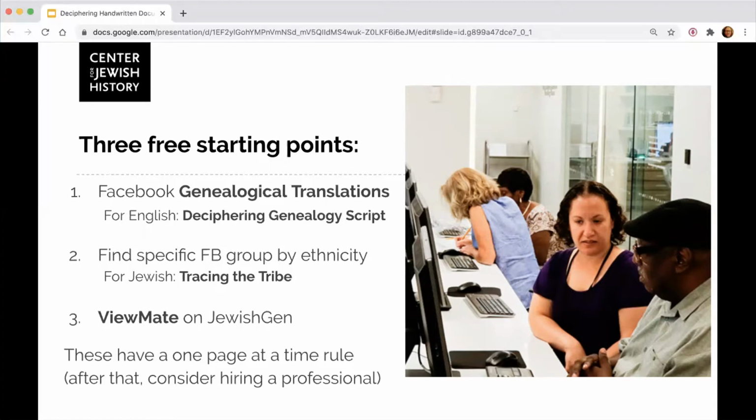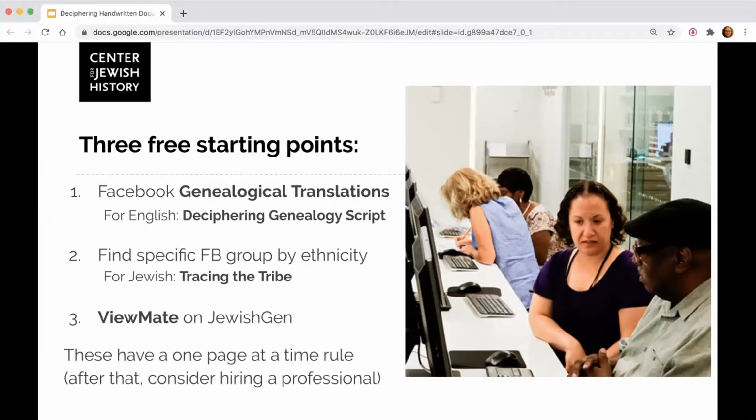If you have genealogy documents that you'd like to ask the whole group collectively to help you translate, if you're working with a document that's in English, then use the Facebook group Deciphering Genealogy Script instead.